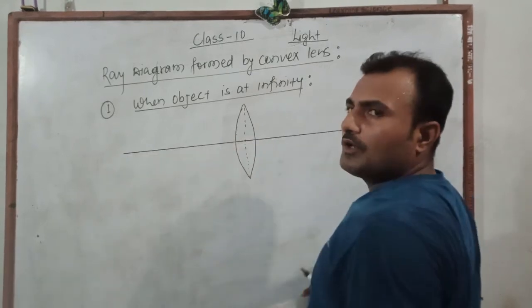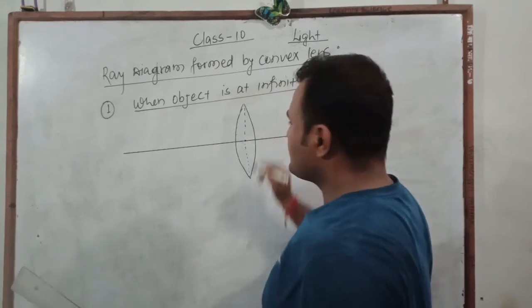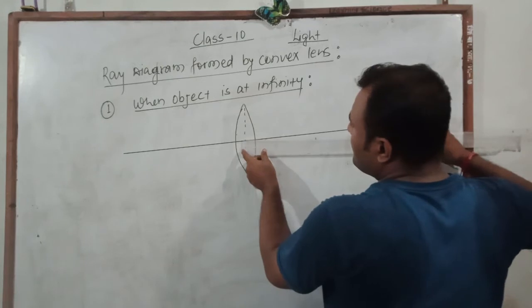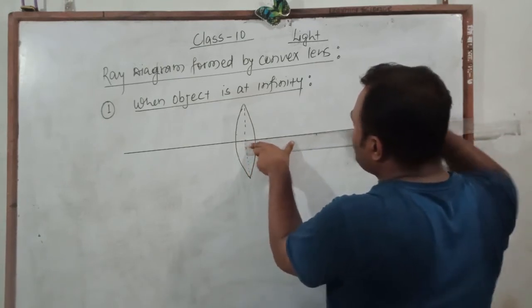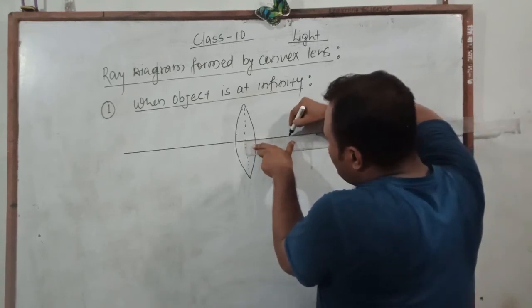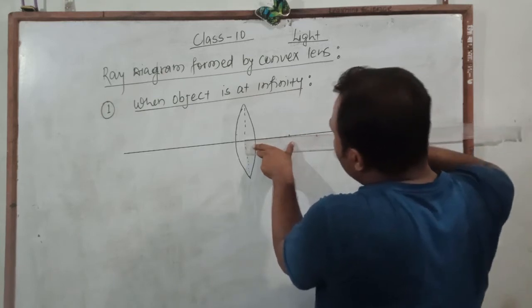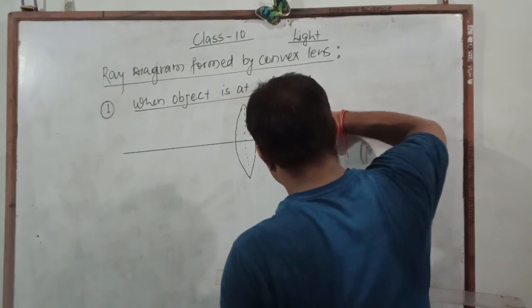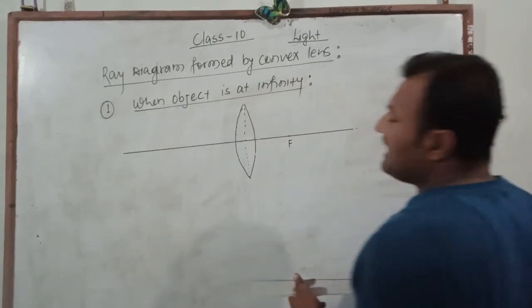After that, on the copy we measure 2 centimeter distance from the optical center to the right, and that distance is called F. It lies on the principal axis and we mark it by F.